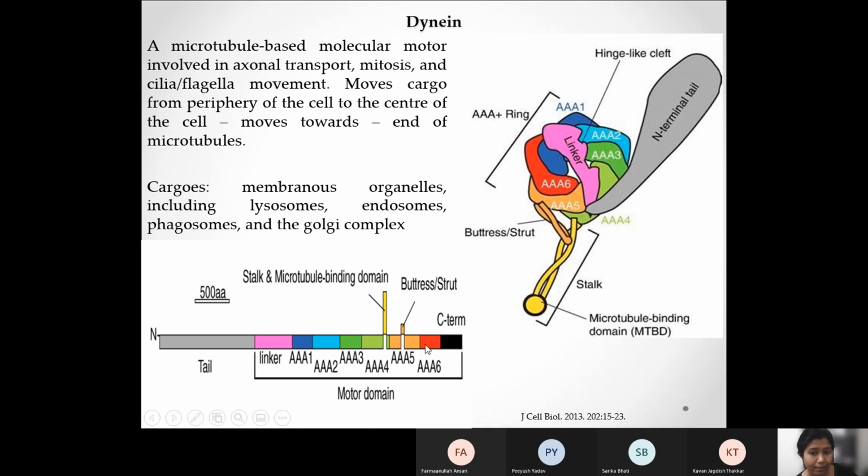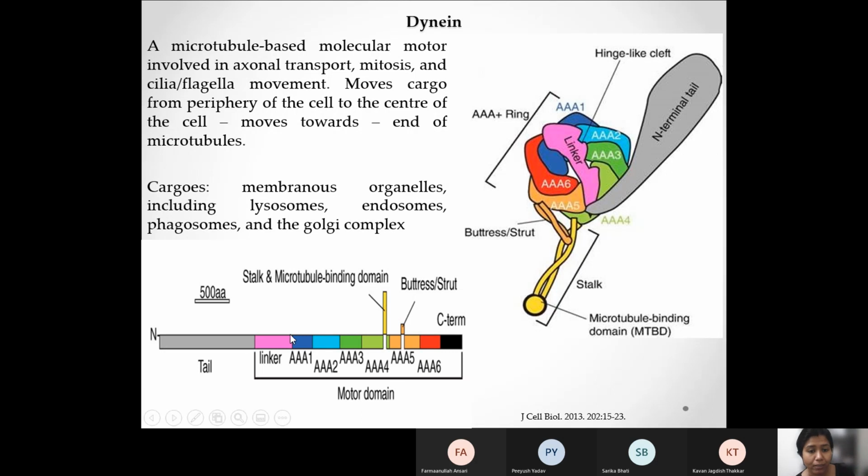And then we see these associated 6 subdomains. And we said that the AAA1 is the main ATPase. There is some amount of ATPase activity associated with AAA3, but if you mutate AAA3, the Dynein speed is still there, maybe it is just slow.